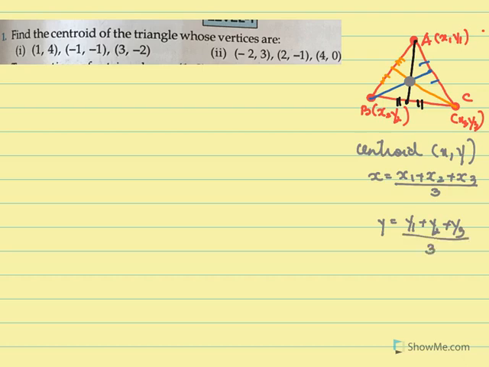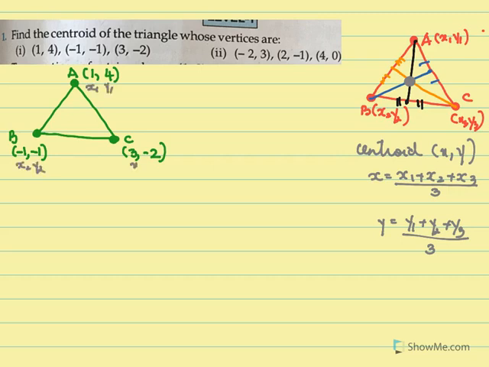In the first sum, we have this triangle with its 3 vertices, vertex A, B and C. So here are the 3 vertices I've written. I'm going to mark these as x1, y1, x2, y2 and x3, y3. And I need to find the centroid.